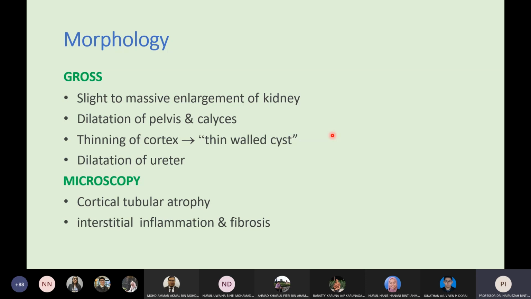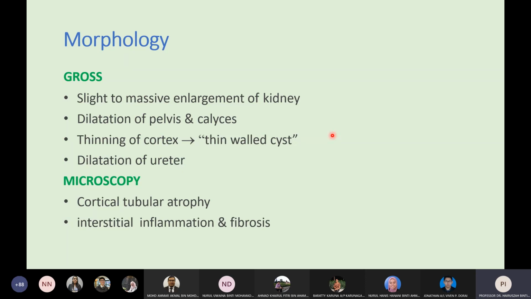You see obvious dilatation of the pelvicalyceal system, and the compression into the renal parenchyma leads to thinning of the cortex. So much so that sometimes they look cystic. They are just dilated and the parenchyma is atrophied or reduced. So they look like a very thin-walled tissue, almost like a cyst. Of course, dilatation of the ureter can be observed as well.